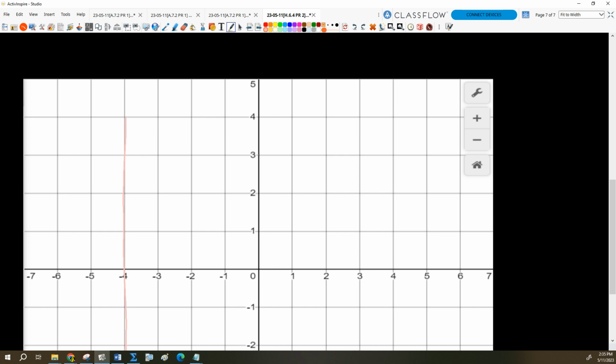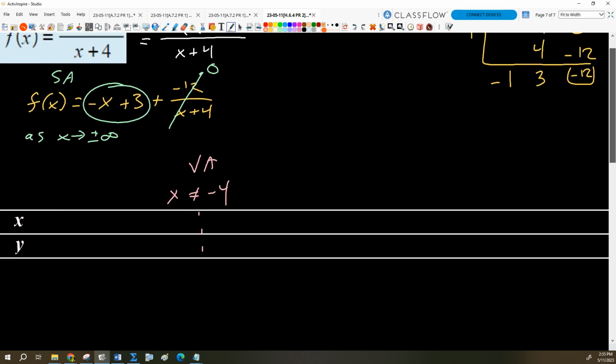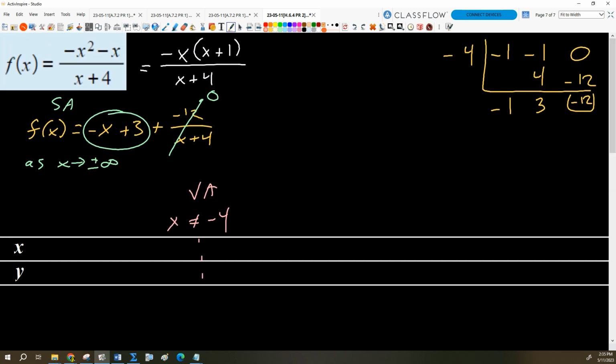So, right, it's doing that. There's our two asymptotes. And now we just have to graph it around those. Do we have any zeros? -1. What else? 0. Yeah. So -1, 0, and 0, 0.